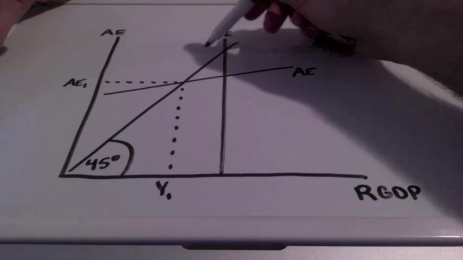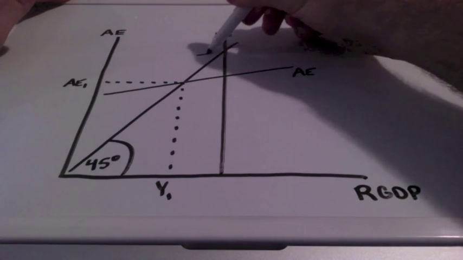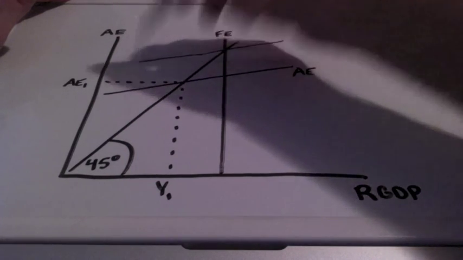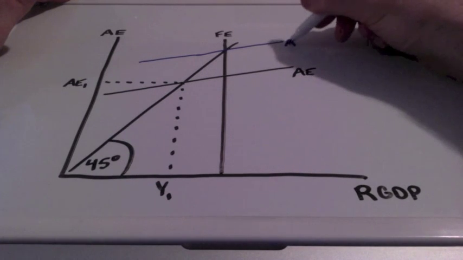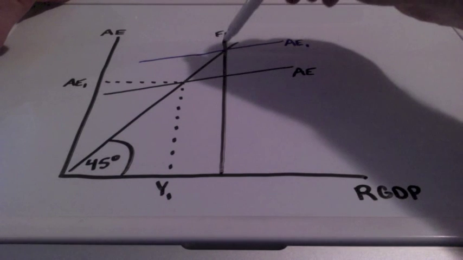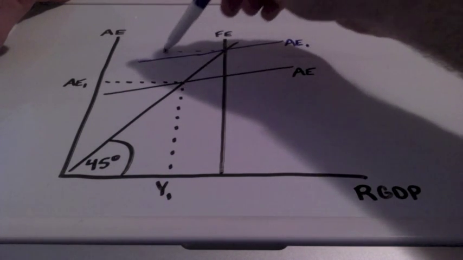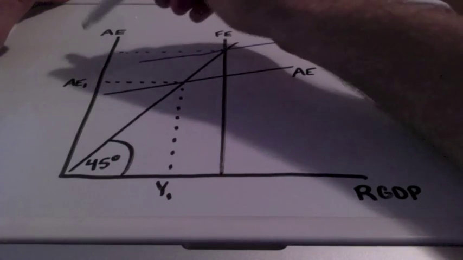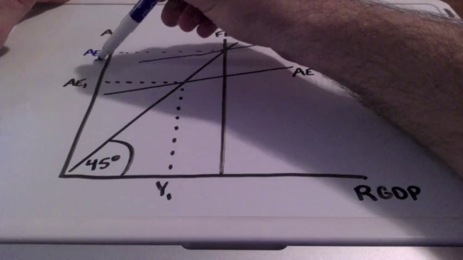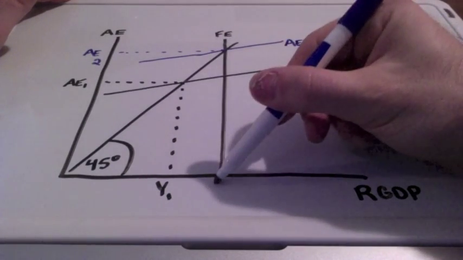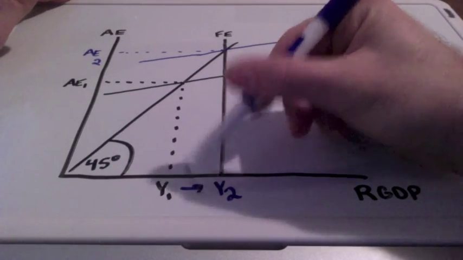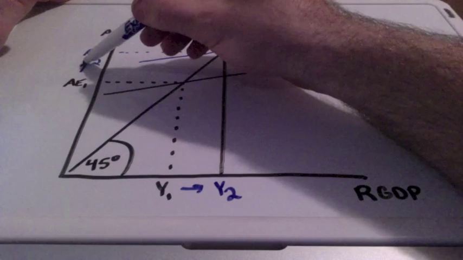What will happen is that this aggregate expenditure line is going to shift upward, creating an entirely new line, and we are going to move these expenditures from AE1 to AE2, and our GDP is going to increase from Y1 to Y2.